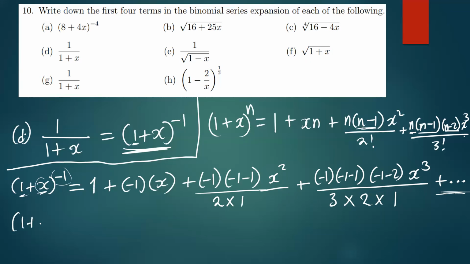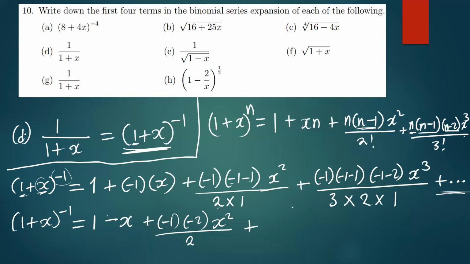Let's simplify our expansion. This is equal to, the first term is 1. -1 times x, we have -x. Then when we simplify -1 minus 1, we have -2, and then we have x squared, everything over 2 times 1, which is 2.